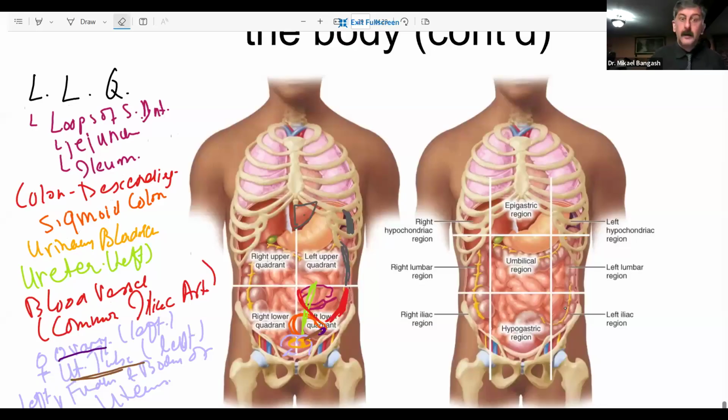Okay. Now let's just go to our last quadrant. So would it be okay if I erase this? Yeah, I think it's okay.